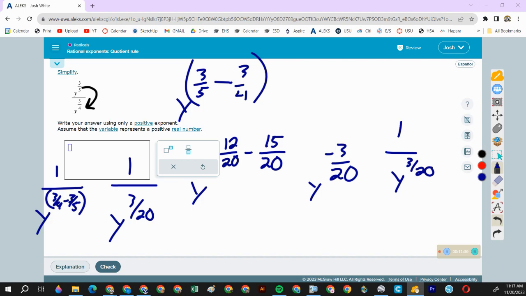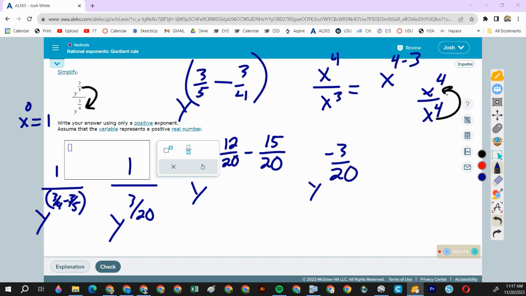Okay. This is why x to the 0 equals 1. Did you guys know that? If I had x to the 4th over x to the 3rd, that's just x to the 4 minus 3, right? But what about x to the 4th over x to the 4th?